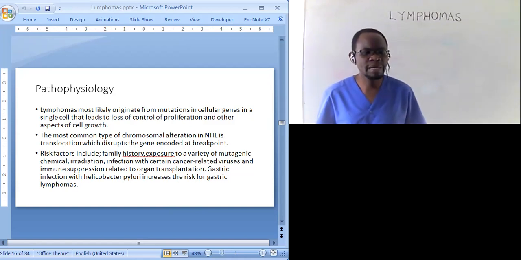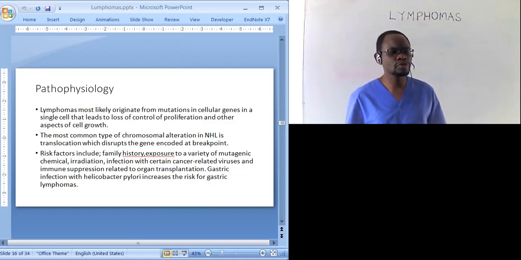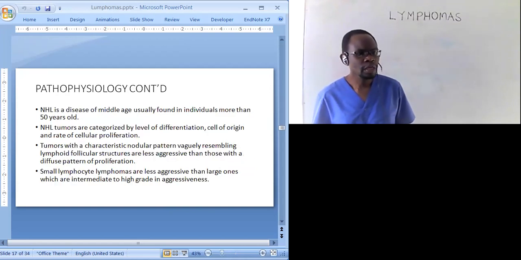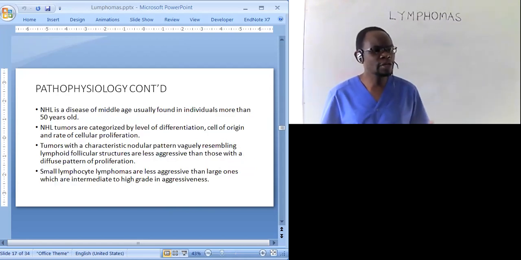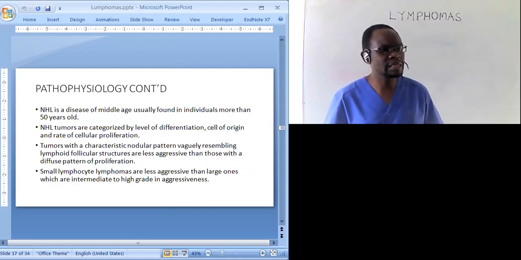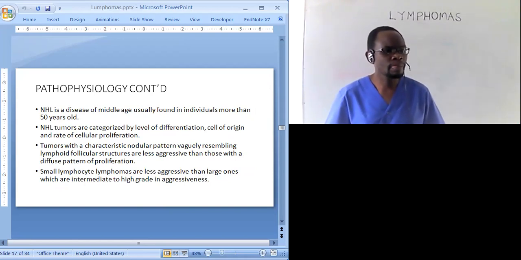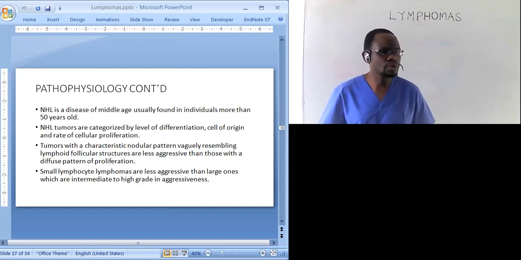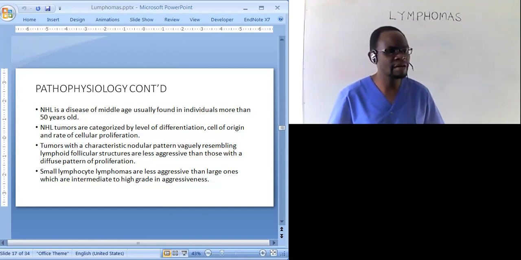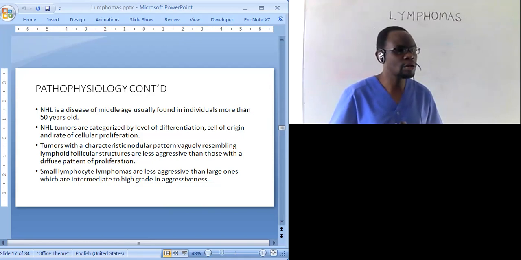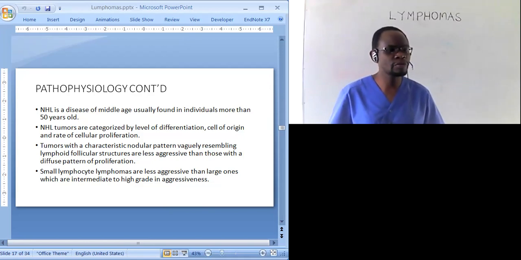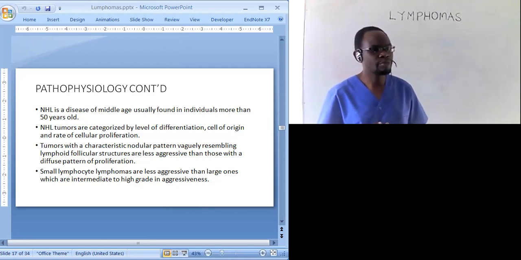So basically, almost the same as Hodgkin's. Non-Hodgkin's is a disease of middle age, usually found in individuals more than 50 years old, and they are categorized by level of differentiation, cell origin, and rate of cellular proliferation.